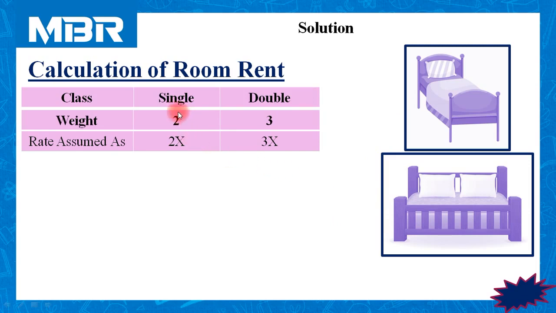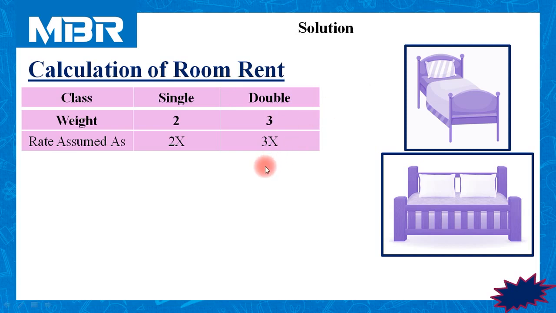As we know the weightage only, not the rent, we need to calculate room rent using our own ideas. So we have assumed that room rent is 2x for a single room and 3x for a double room.